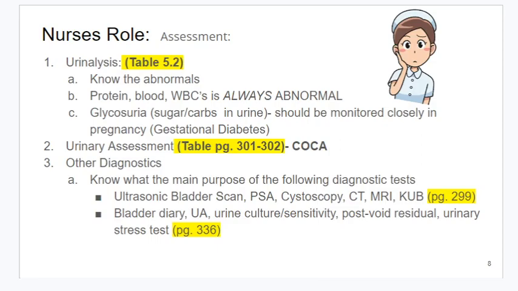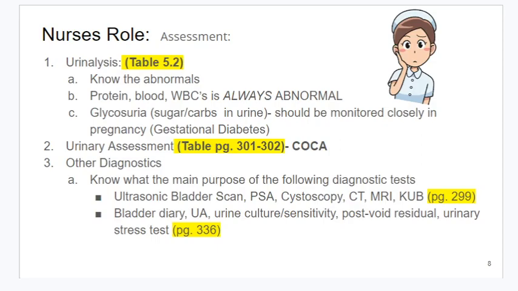What is normally found in a urinalysis? What means that this is normal, what we consider UA, and what is abnormal? It is important to know these three things are always considered abnormal in a urinalysis. These include protein, blood, and white blood cells. So if you are positive for protein, blood, or white blood cells with a urine analysis, consider this abnormal.